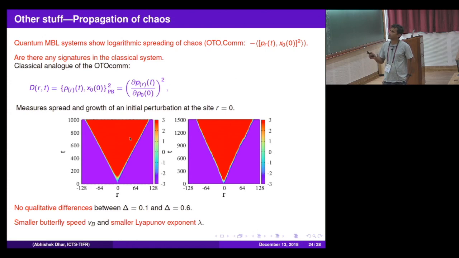Instead of the correlator, I use the commutator. And the classical version of this is just the Poisson bracket squared, which corresponds to putting a perturbation at the origin and looking at the response at some distance x. If you look at this object, you see completely ballistic growth. The only difference between weak disorder and strong disorder is that the velocity is smaller and the Lyapunov exponent is smaller. But you don't see this logarithmic growth.